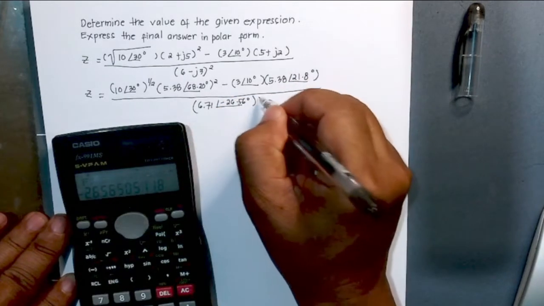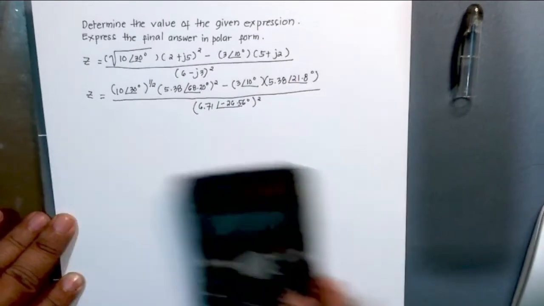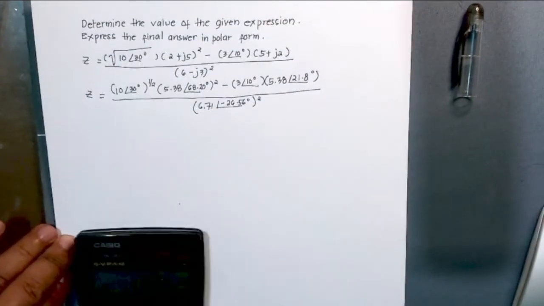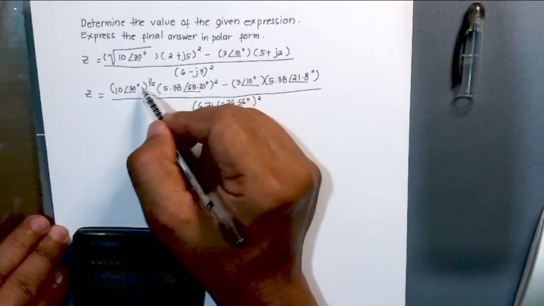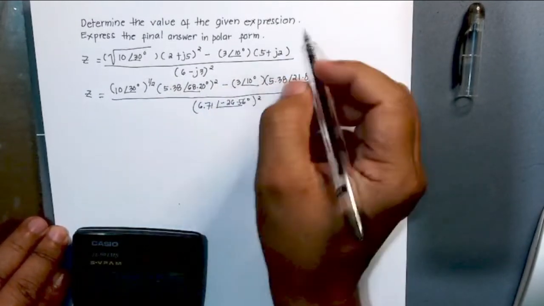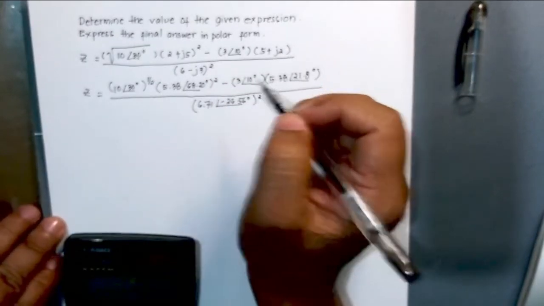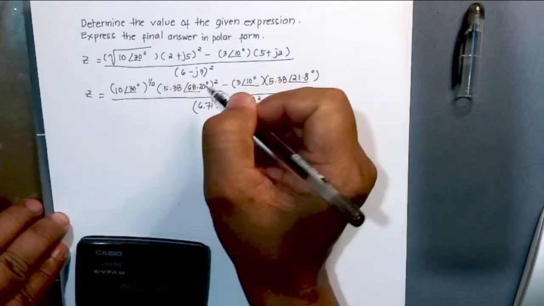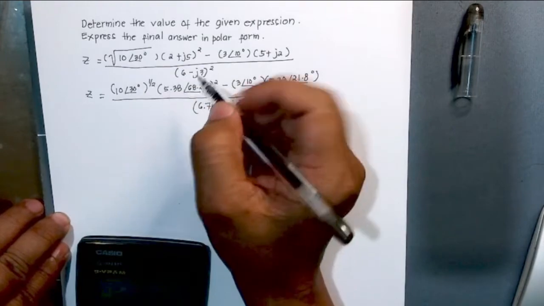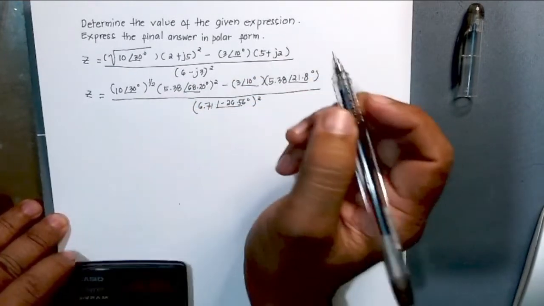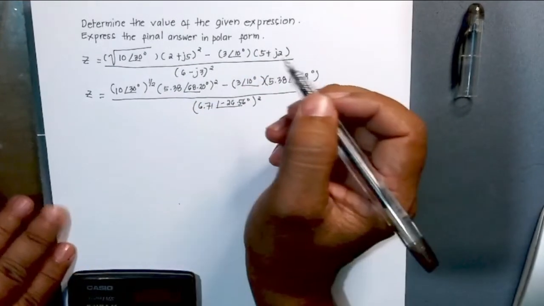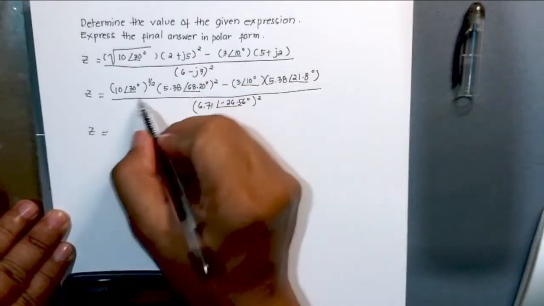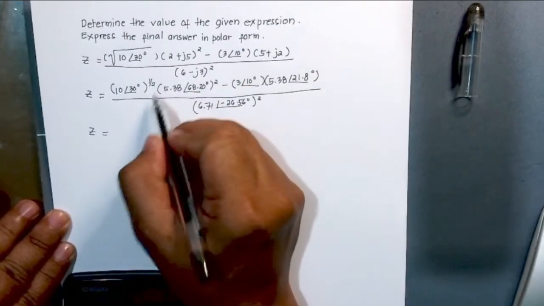Okay, raised to the second power. Okay, so we are now to simplify again each term, to the point that we will have only a polar form raised to the first power or unity.